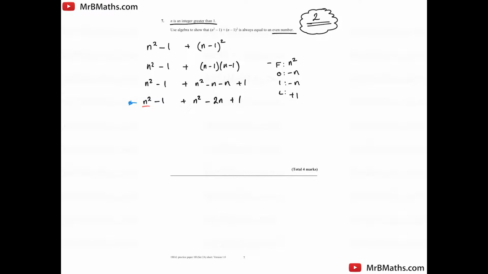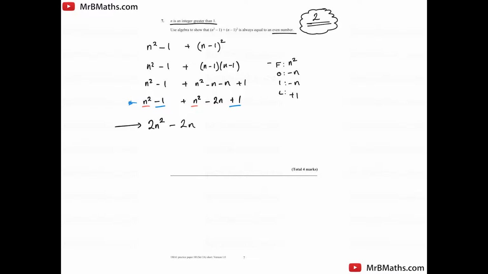So I'll just underline some like terms for now. Looking at this, we've got n squared plus n squared, so we get 2n squared. We then have minus 1 plus 1, which will give us 0. Therefore, all we have left is minus 2n.